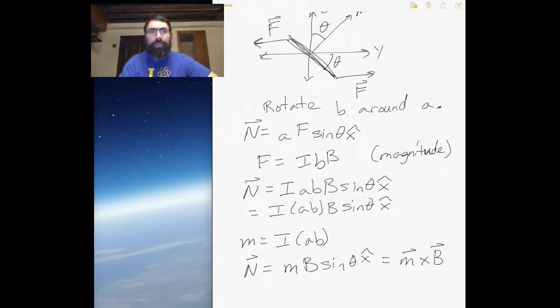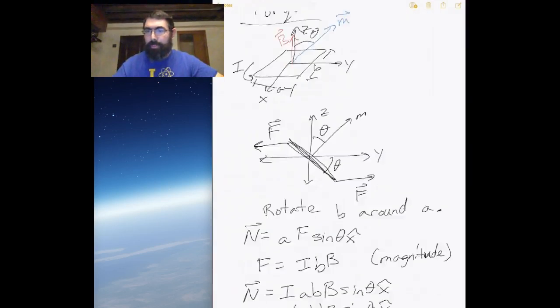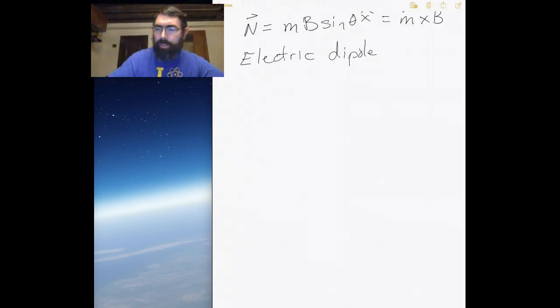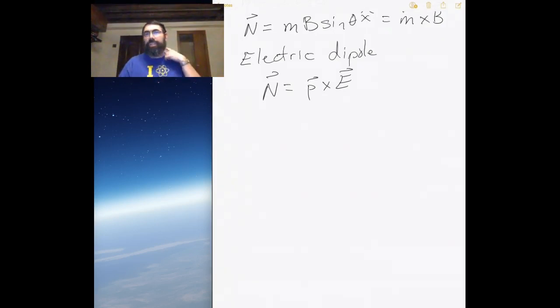And this is a similar result to what we got when we looked at the electric dipole. So for the electric case, the torque that was applied was the electric dipole moment crossed into the electric field. So it's essentially the same formula.